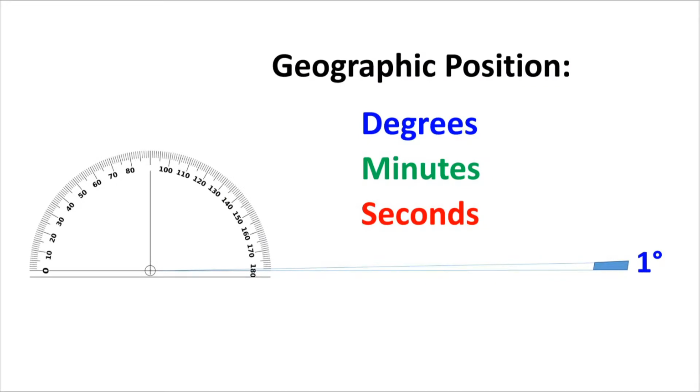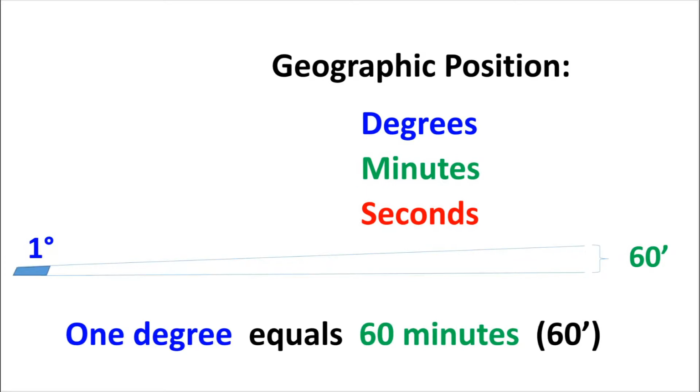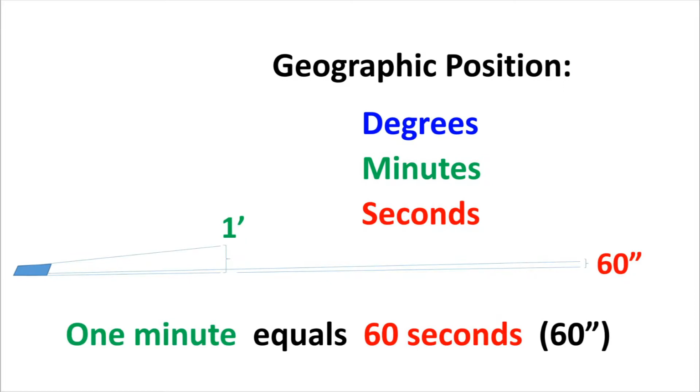Because geographic coordinates use angles, we describe locations in terms of degrees, minutes, and seconds. 1 degree can be broken down into 60 minutes of angle, and 1 minute can be broken down further into 60 seconds of angle.